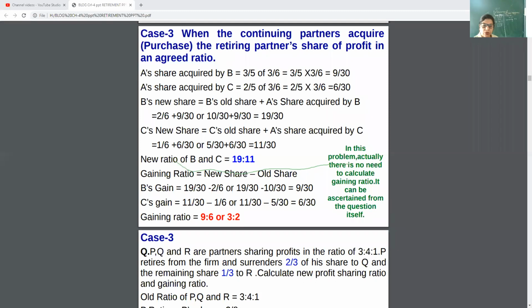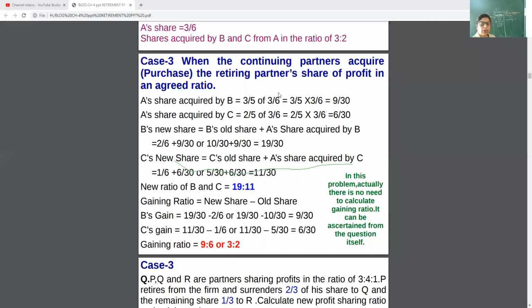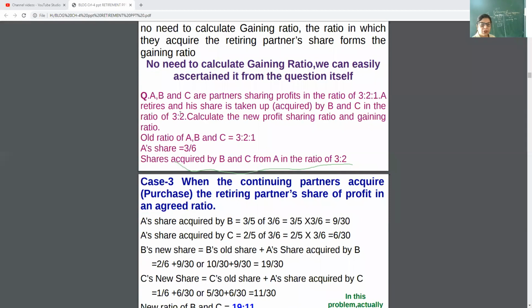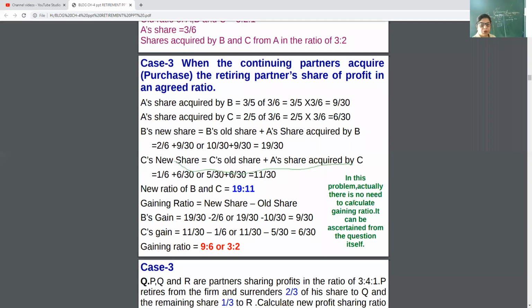Gaining ratio is new ratio minus old ratio, which is the same, 3:2. It is already given that they will share this profit in 3:2. So in this type of question also, the gaining ratio is clearly given. In this problem, there is no need to calculate the gaining ratio. It can be ascertained from the question itself.